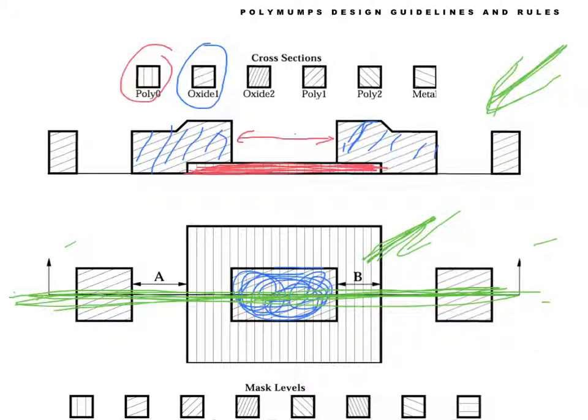We made a hole here on top of the poly 0. So here's an anchor 1 hole in the oxide 1. And we've got to have at least what? How many microns here, from the side view? 4. 4, right?